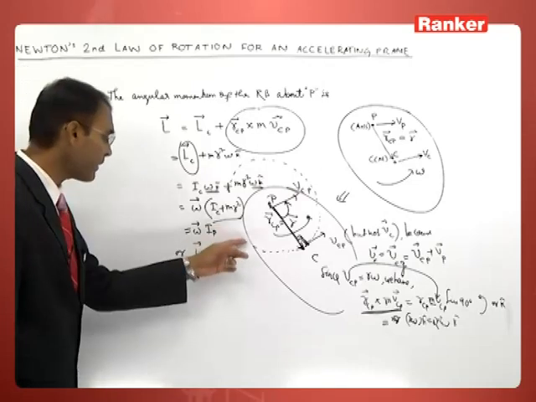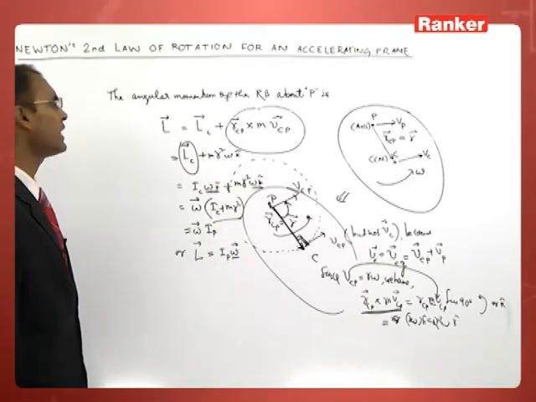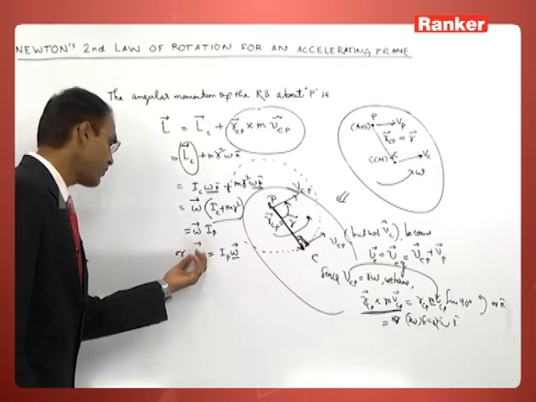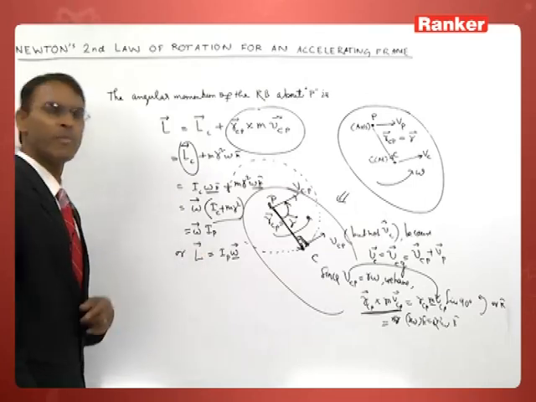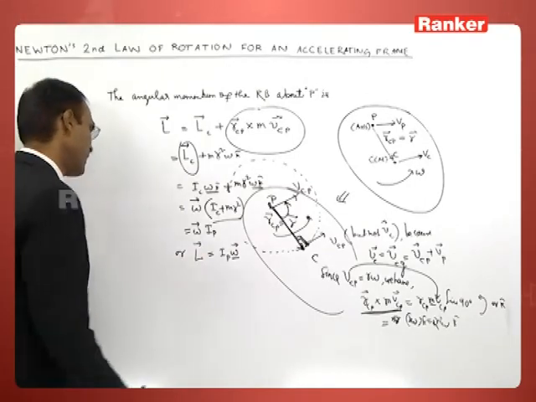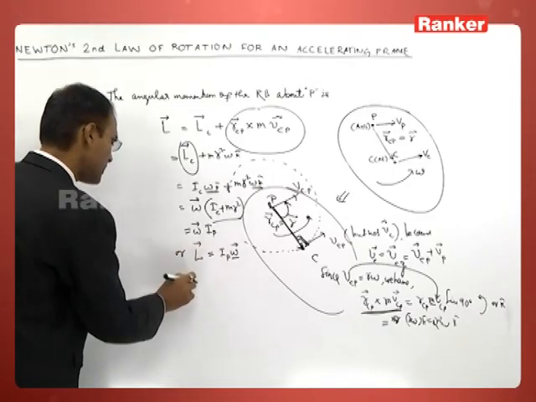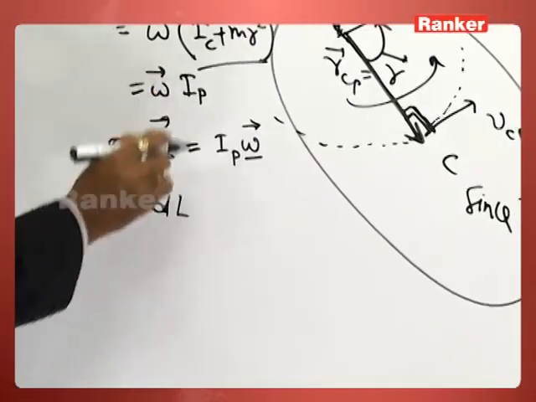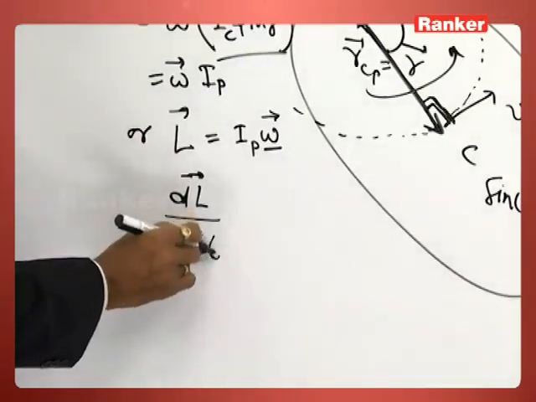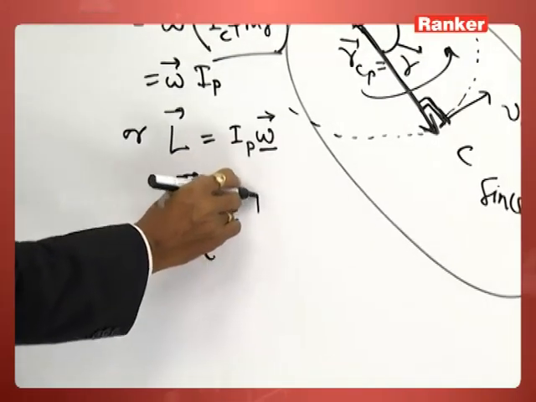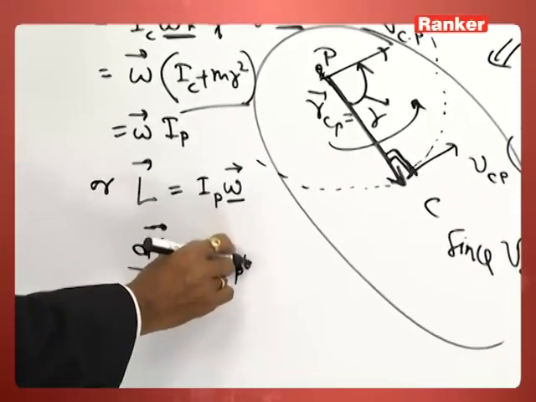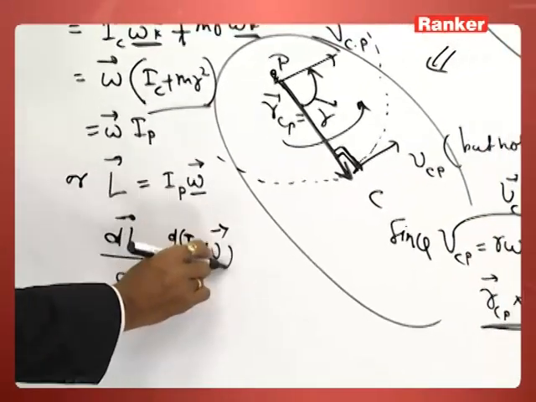When you take the derivative of angular velocity, we will get angular acceleration. When you take the derivative of angular momentum, you may get the torque. So, if you take the derivative of both sides, we write dL by dt is equal to the time derivative of IP into omega.